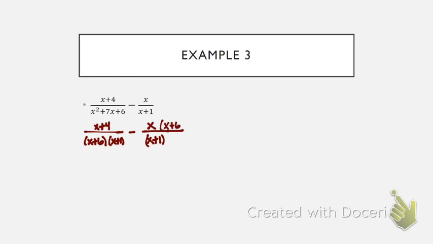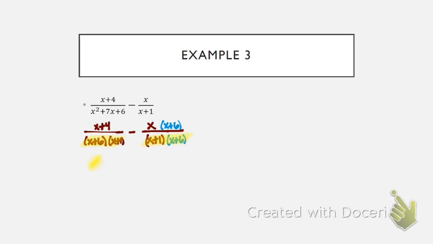So since it is missing the factor x plus 6, I need to add the factor x plus 6 to the numerator and the denominator in order for the denominator to be the same. So if I look here now, this and this are now the same. So now I do have my common denominator.